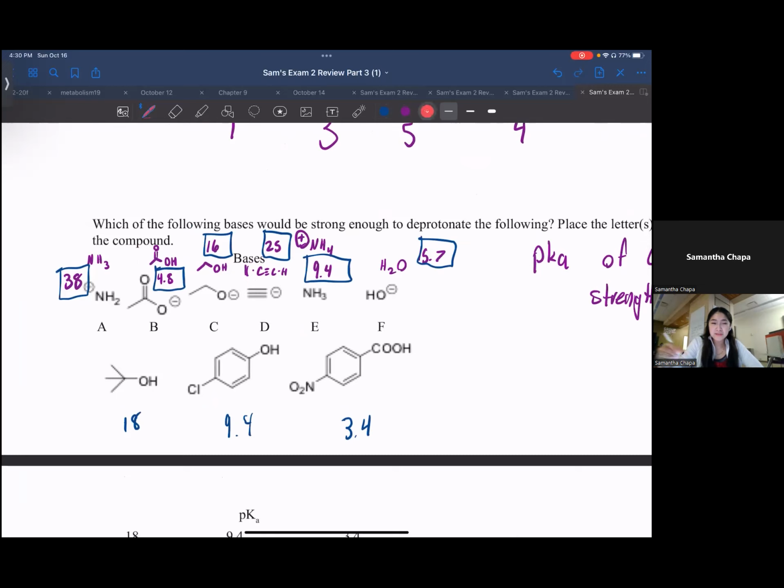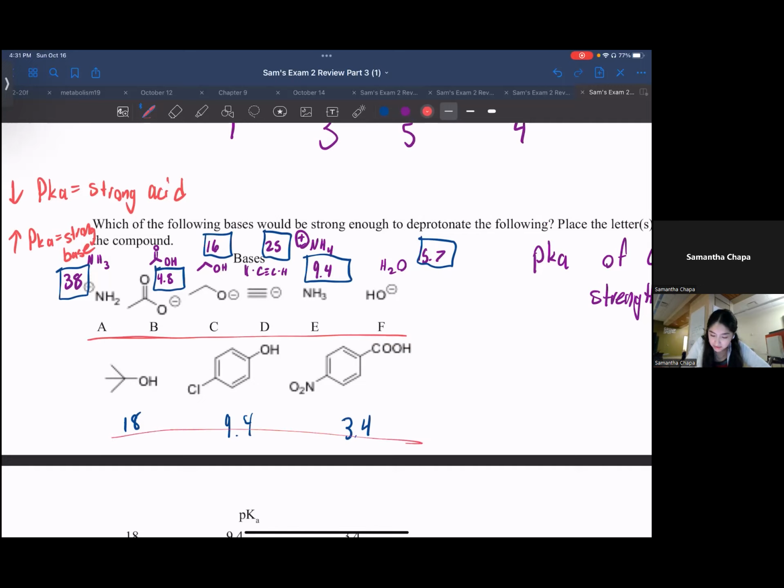Okay, so we always had trouble with this in our session. So low pKa equals strong acid, right? High pKa equals strong base. I need these bases to deprotonate these acids. So that means the pKa's of these bases have to be higher than the pKa's of these acids, again, because high pKa equals stronger base.